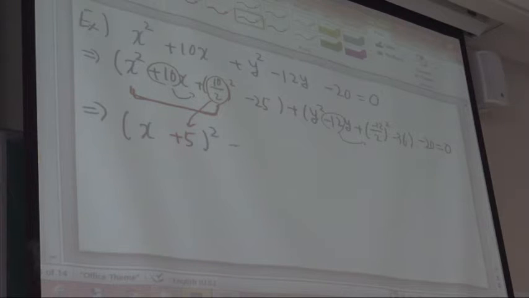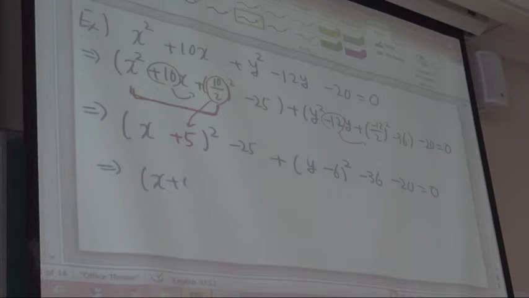And we have a -25, and then for y we have -12 over 2, which is -6, so -6 squared, -36, and -20. Then we combine the constants -25, -36, and -20 and move them to the right hand side.